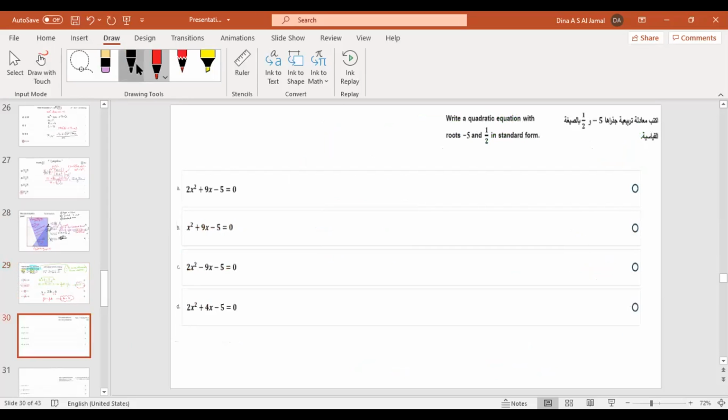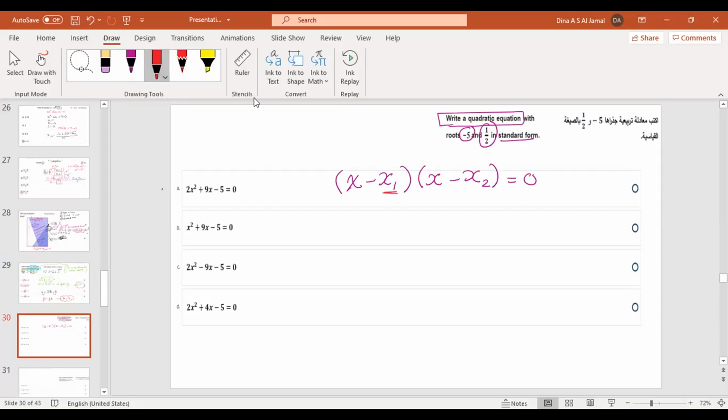Now, in this question, in the exam, they are asking you to write a quadratic equation having roots of -5 and half in the standard form. Whenever he asks you to write a quadratic equation and he's giving you roots, I would like you to use this rule. x minus x1 multiplied by x minus x2 equal to 0.